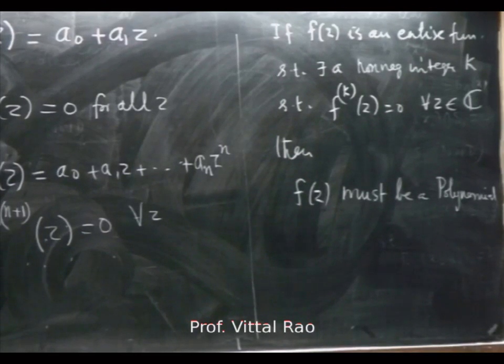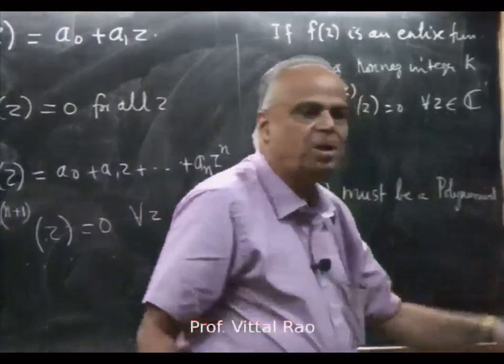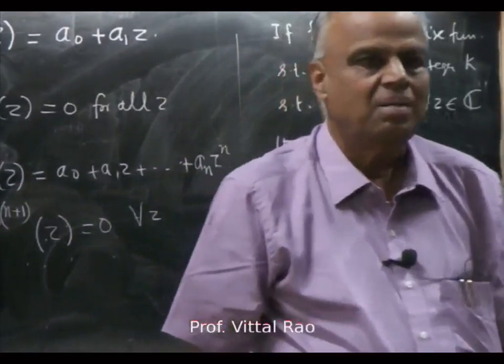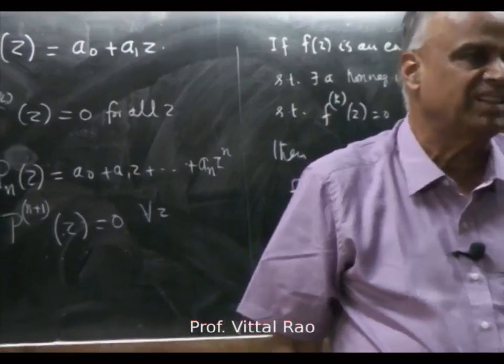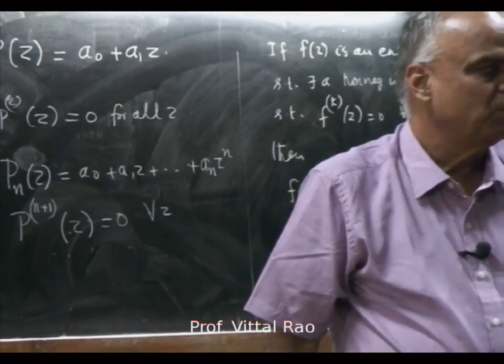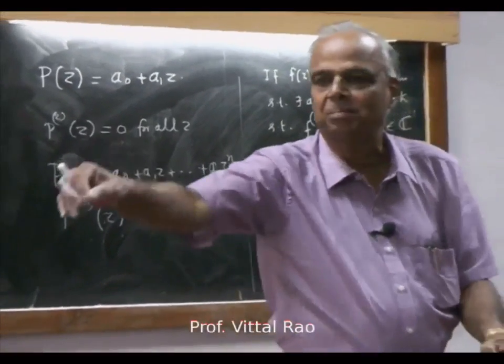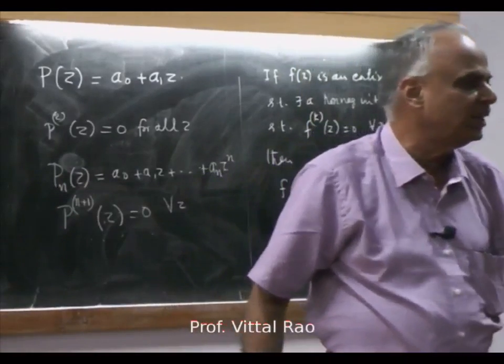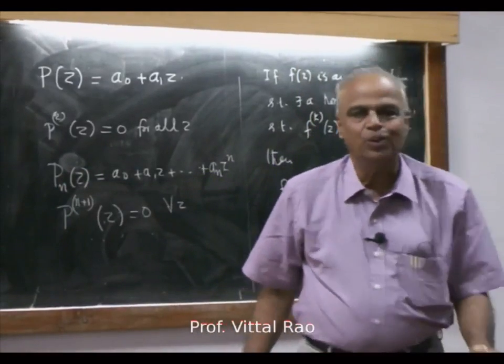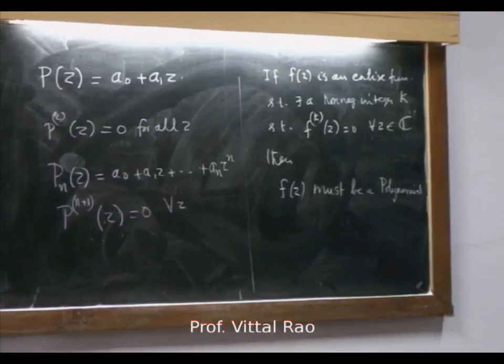Now suppose I have a function where I don't know whether the same order derivative vanishes at all points. I know that at every point some derivative vanishes. At this point the 4th derivative vanishes, at that point the 8th derivative vanishes, at that point the 12th derivative vanishes. I don't know that the same order k derivative vanishes at all points, but at every point some order derivative vanishes. Will it still be a polynomial?